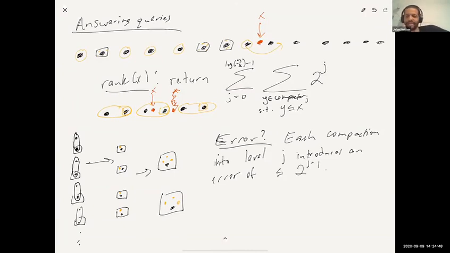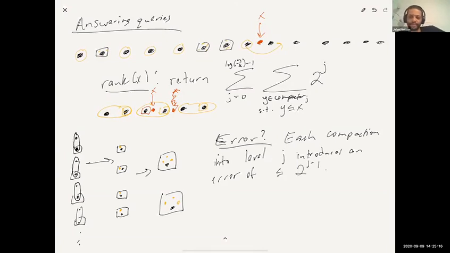So there's basically this 1 merge that's happening at the boundary that includes x, which is going to create error, right? So here I'm going to be off by 1. I'm going to miss this 1 element that's less than me. But at higher levels, that 1 element that I'm missing actually has weight 2 to the j, right? At level j, it has weight 2 to the j. So it's going to introduce this error of 2 to the j minus 1.